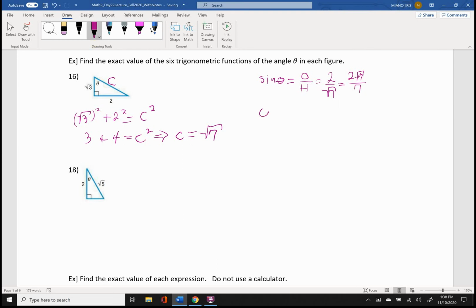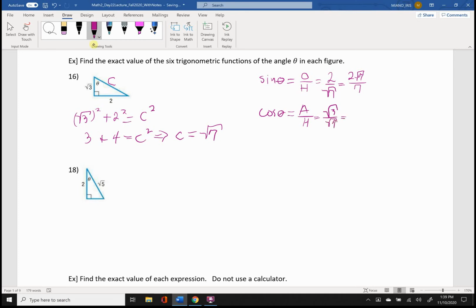Okay, next cosine theta, adjacent over hypotenuse. So that'll be root 3 over root 7. Again, we've got that root 7 in the denominator. Rationalize that.